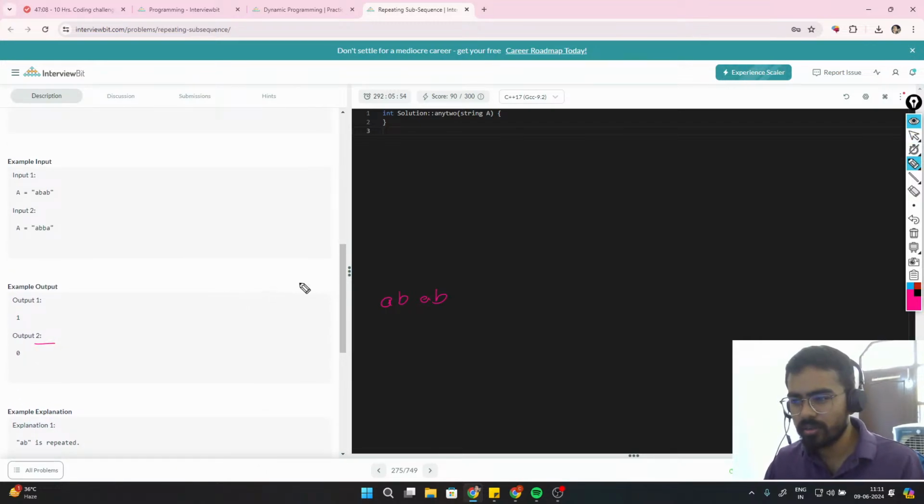Now in the second example, we can see that AB and AB is repeated, so we returned output as 1. In the second one, AB BA, you can see AB, but there is no more AB and neither BA.